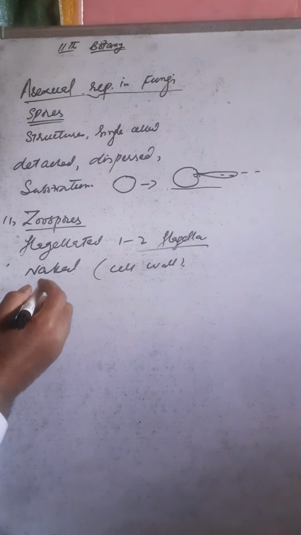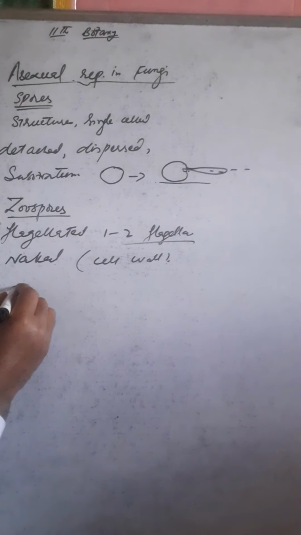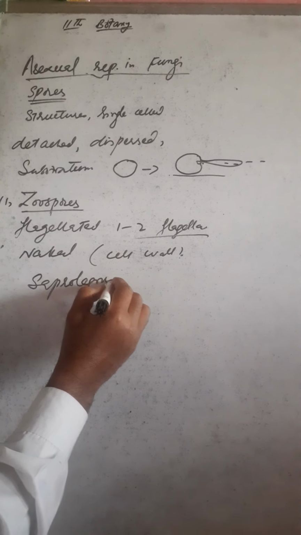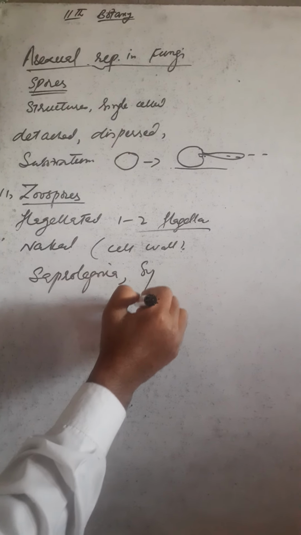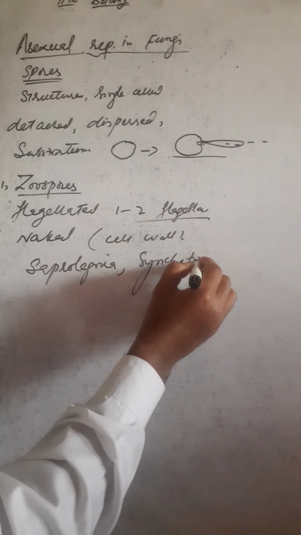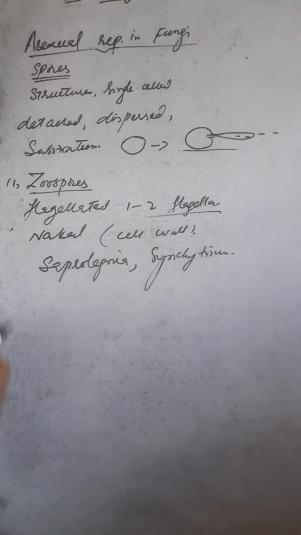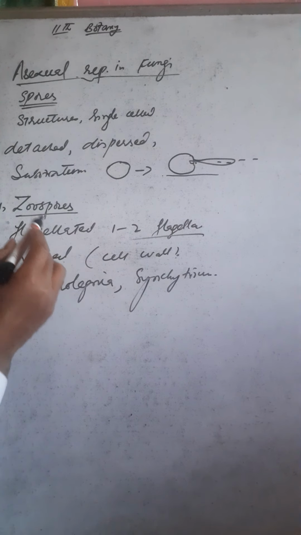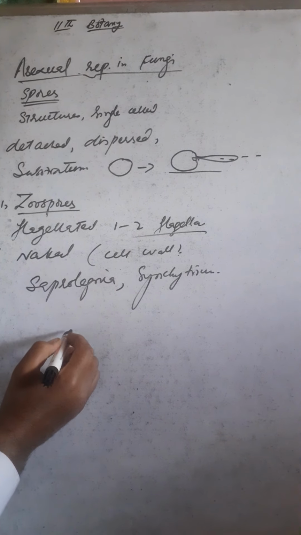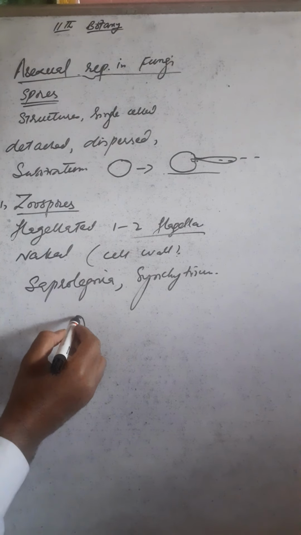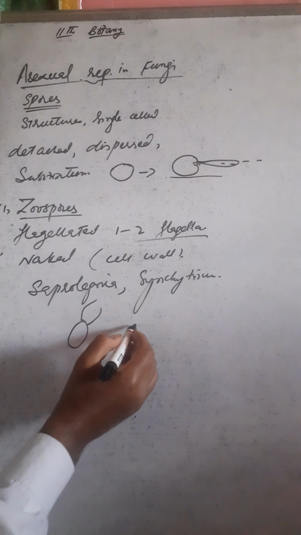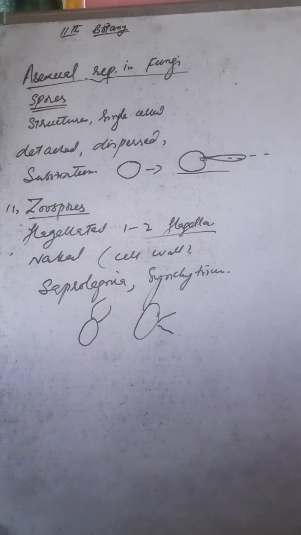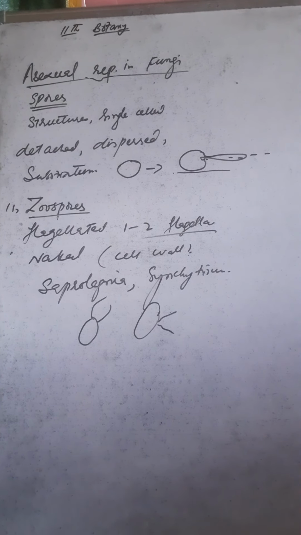For example, it takes place in Saprolegnia or Synchytrium. These are the examples where these zoospores are produced. These flagella may be attached anteriorly to the spore, or they may be attached laterally to the spore.